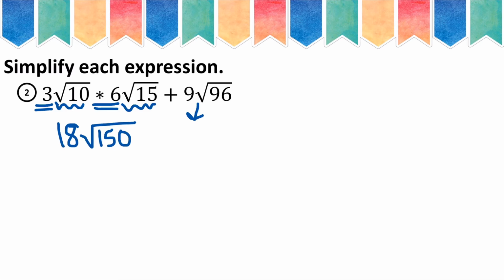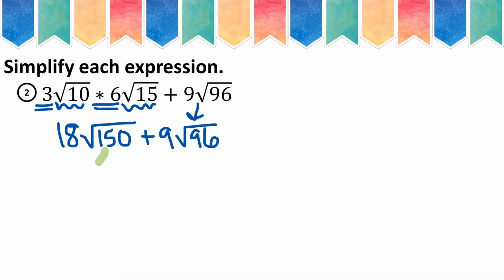And this term will come down. Now to add these two terms together, our square root values would need to be the same. And right now they are not. So I need to simplify these square roots using factor trees.